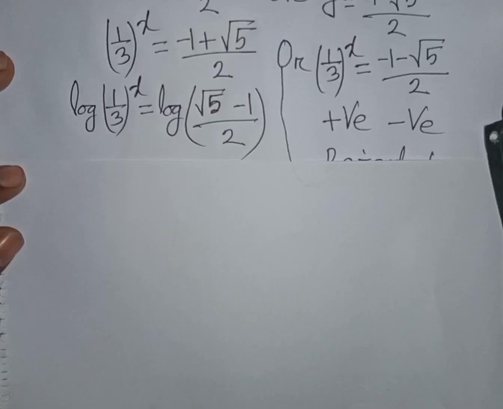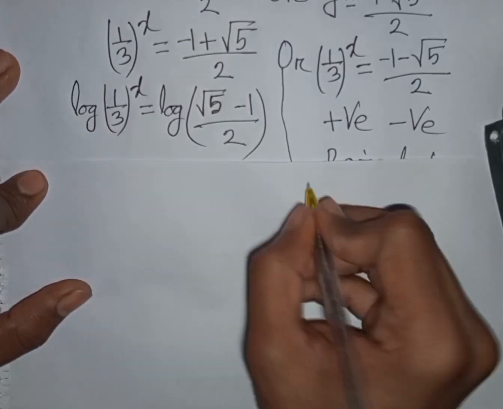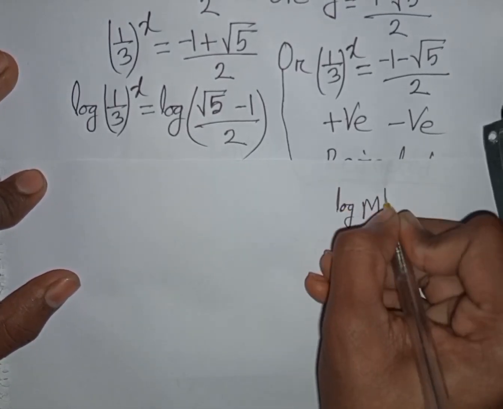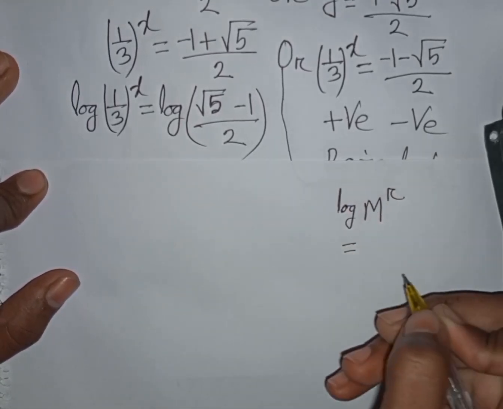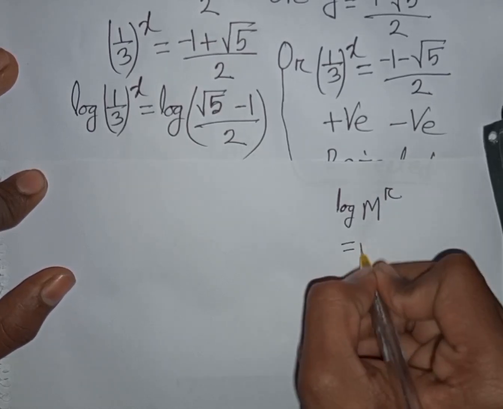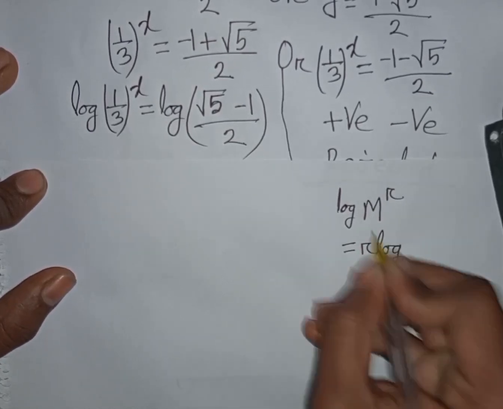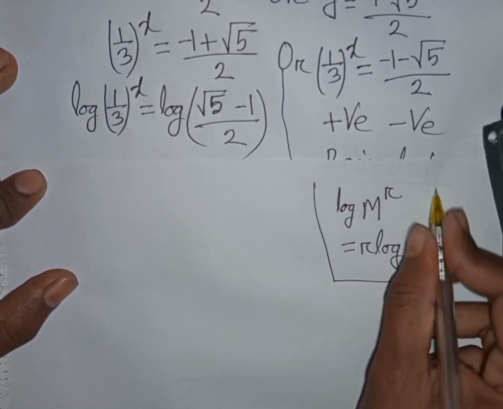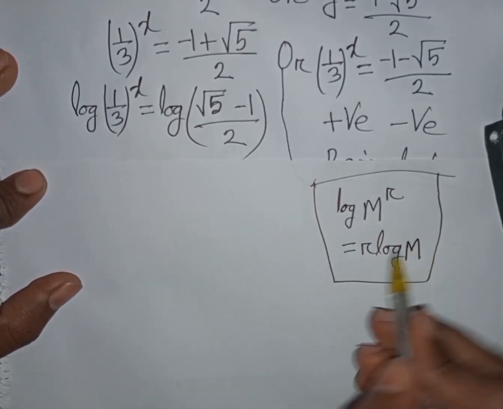Now here I can apply the rule log m^r = r log m. That means this power r moves to the front.